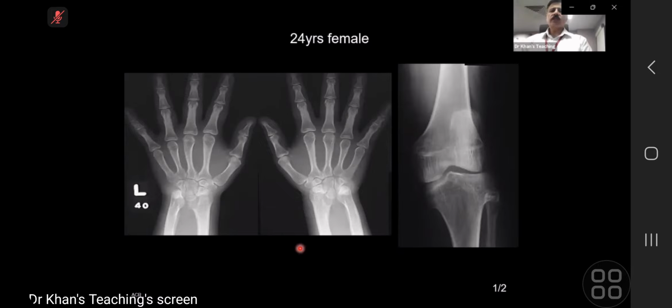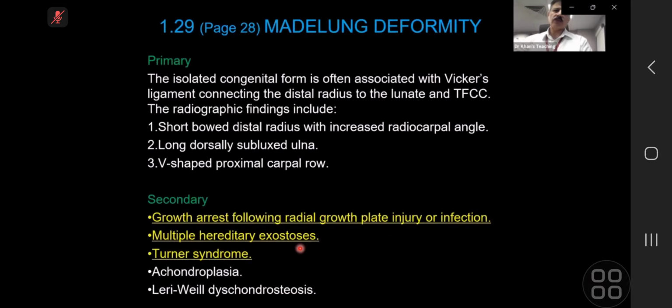Right. So this is the word which we use as a unifying diagnosis. If you see the differential diagnosis here, there are multiple things which can be with Madelung deformity. And isolated Madelung deformity is the most common, right?